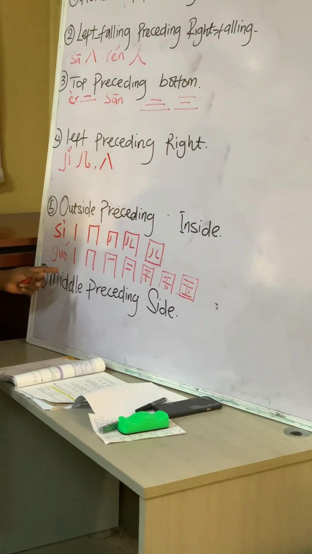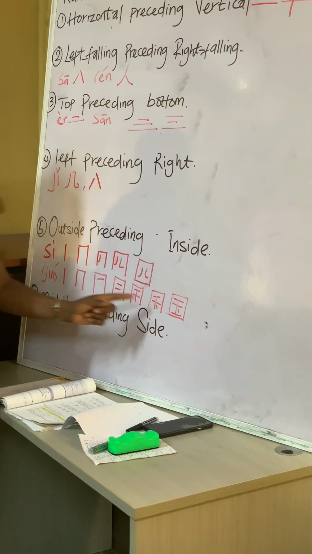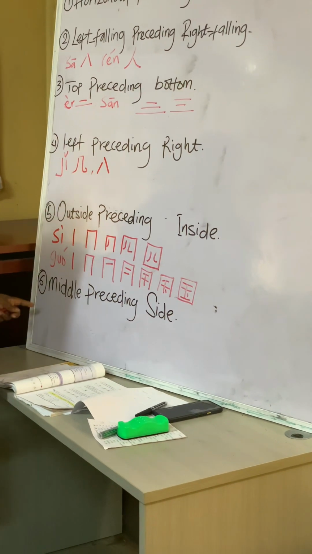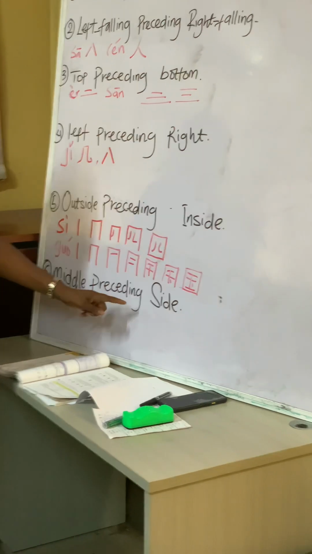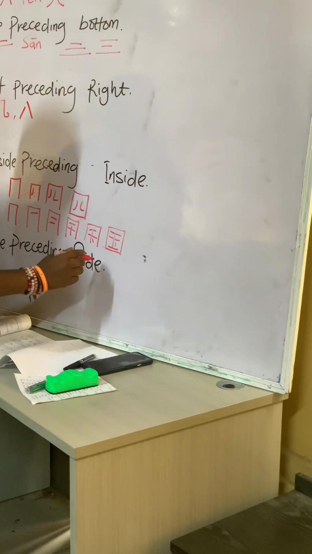If you want to count how many strokes, go one, two, three, four, five, six, seven. So the sixth rule is middle preceding the sides.